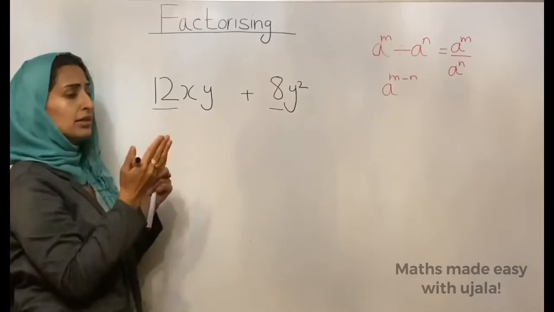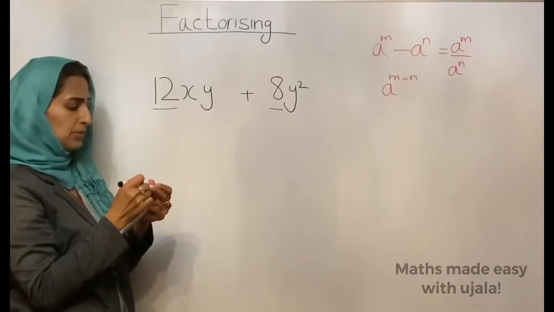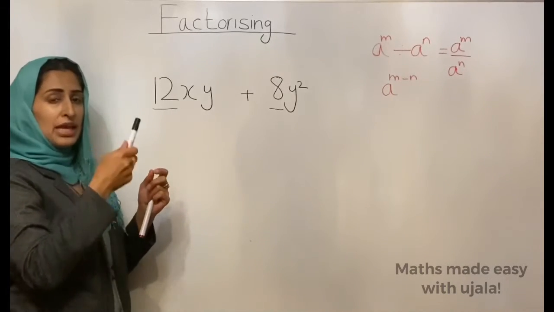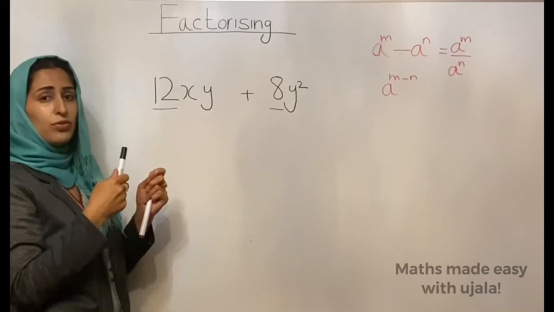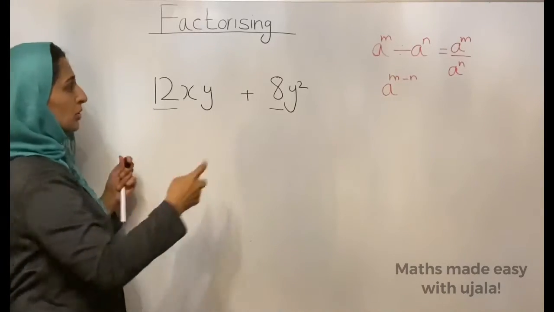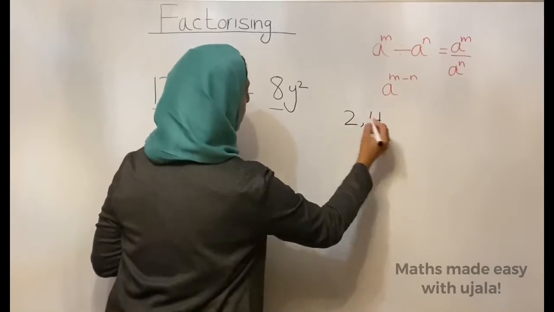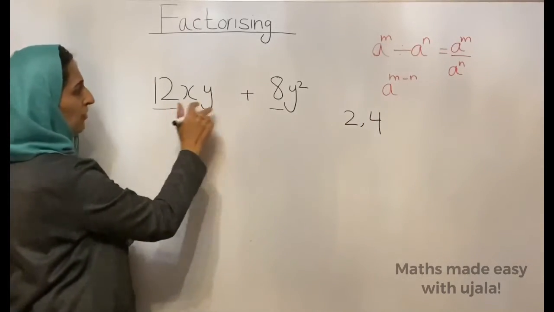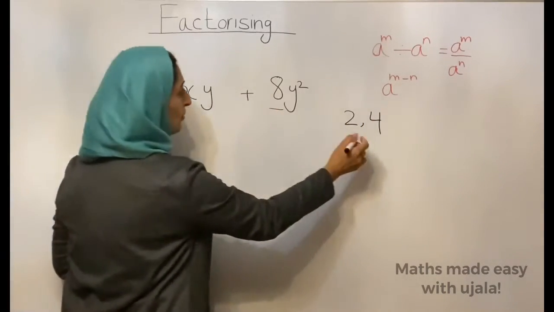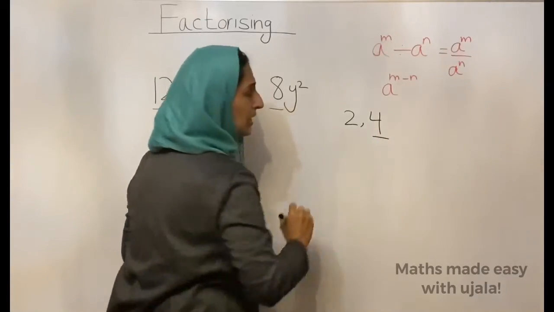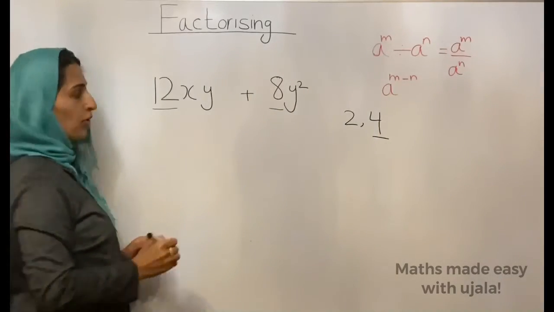Is there any other number in which these two timetables come? Because I'm saying again, you have to look for the highest common factor. So 2 is a factor as well. Is there any other timetable? 4. 4 times 3 is 12, 4 times 2 is 8. So we have to find the highest common factor, which is 4.